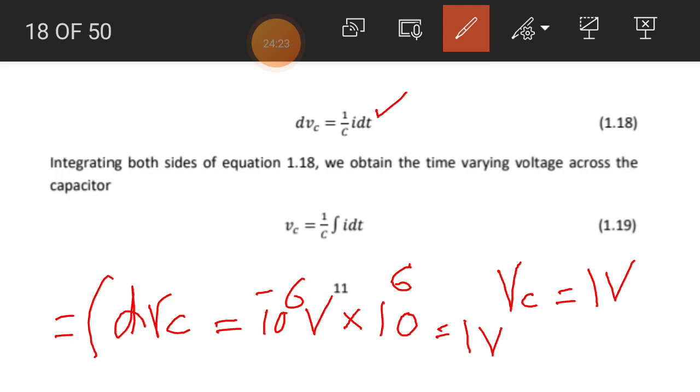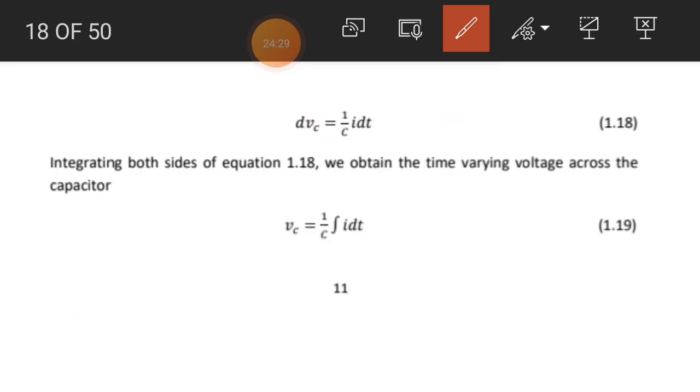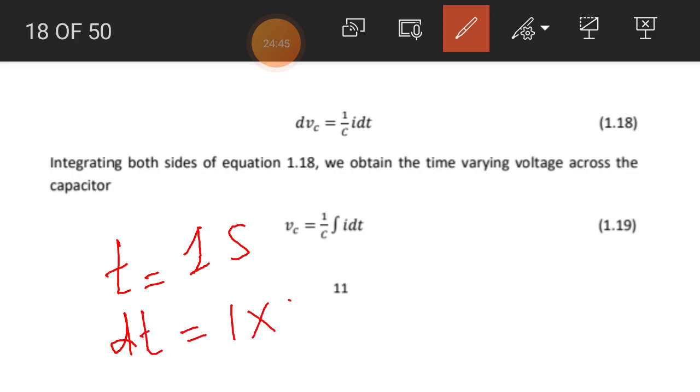Similarly, what is dt? dt is a very small portion of the total time, right? Let's say the total time is 1 second. This is just an example to understand the differential quantity. Let's say the total time is 1 second, and the differential time is 1 microsecond, that is 1 into 10 raised to power minus 6.